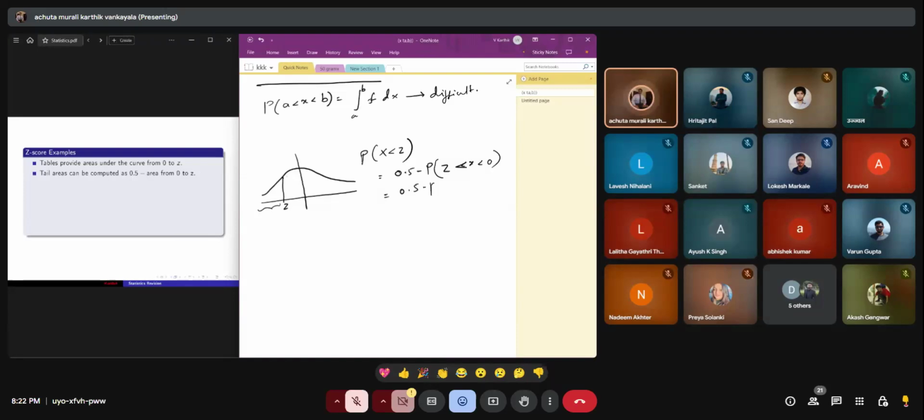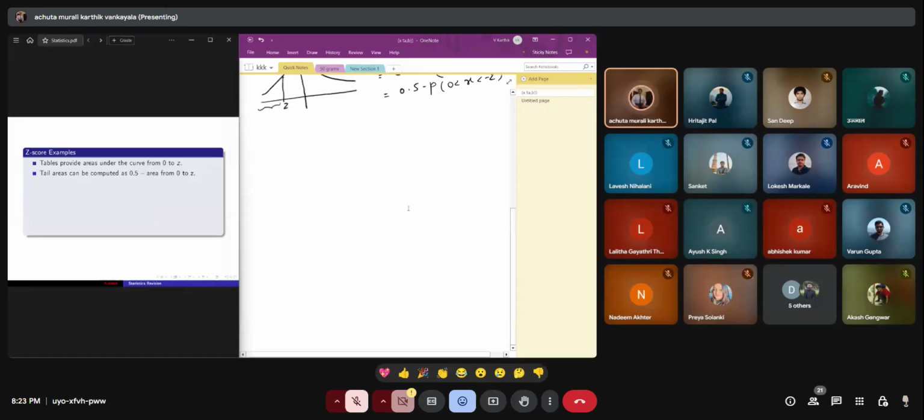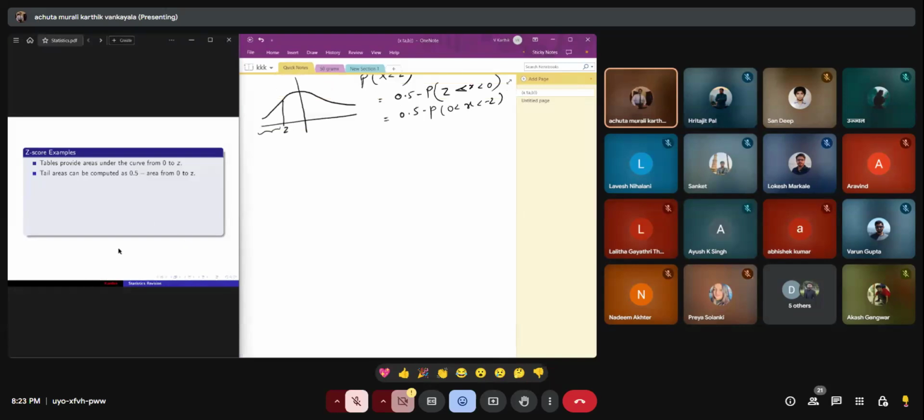This is nothing but the probability of 0 less than x less than minus z, right? This is because the normal distribution is symmetric. This is why we only have from 0 to z in your tables.